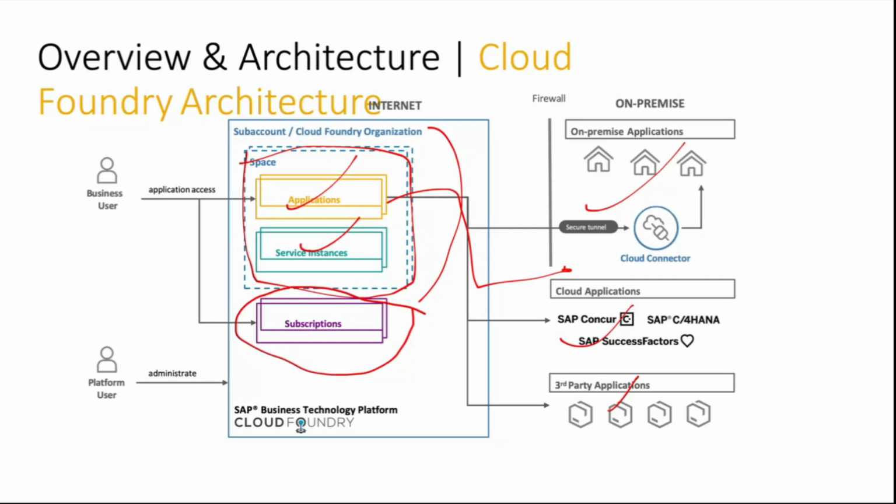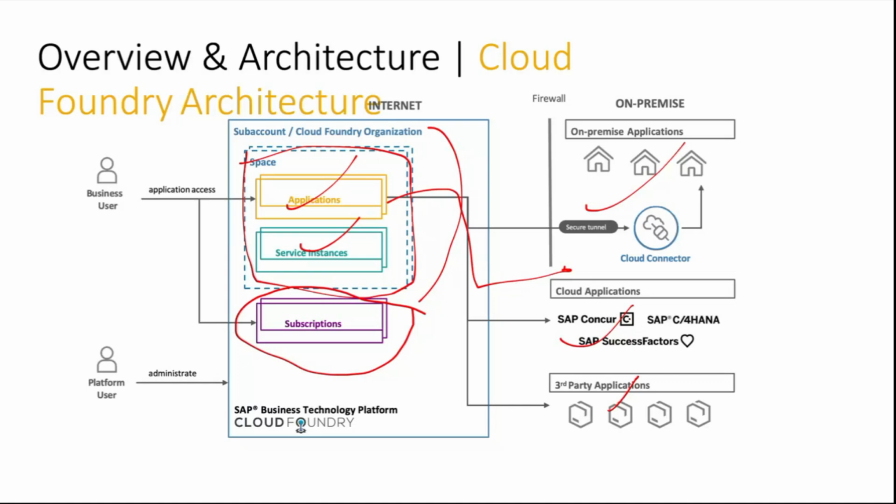Each person cannot see the other spaces' applications, but all three can see the same subscription. If you go to the space level and want to see the subscription, you cannot see it. You can only see instances, not subscriptions. If you come to dev, you can see only services.